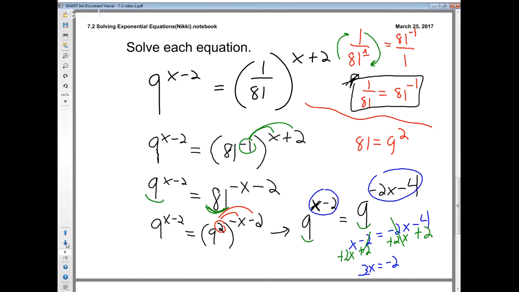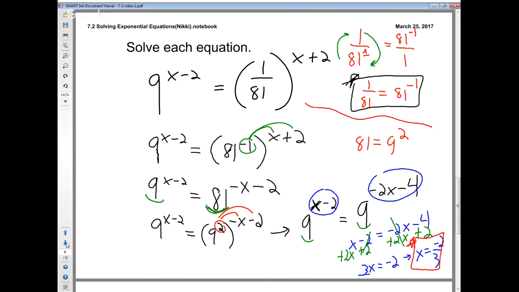I kind of ran out of room. I'll do it over here. We divide by 3 on both sides, and you get x is equal to negative 2 over 3. These examples were not too different from what we worked with in the first video, where we just had to make the bases the same.